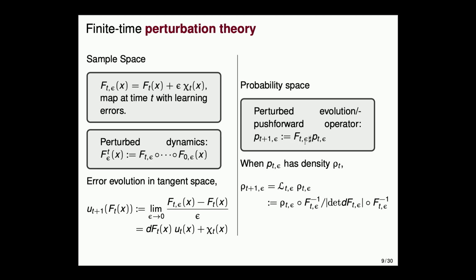Corresponding to this perturbed operator Lt epsilon, we have a change of variables formula with the perturbed dynamical system. So this is our model for taking the generative model at each time and perturbing it to represent errors in optimization.